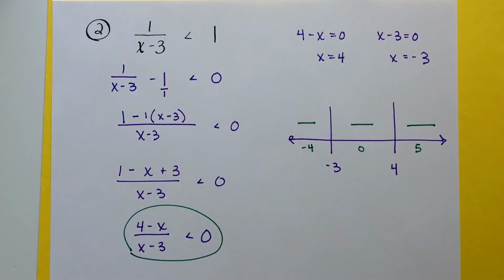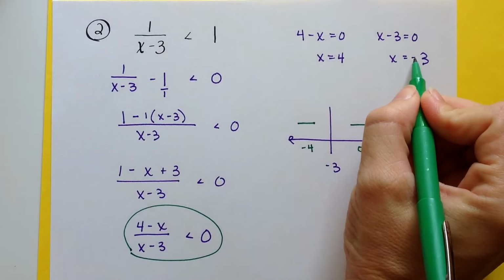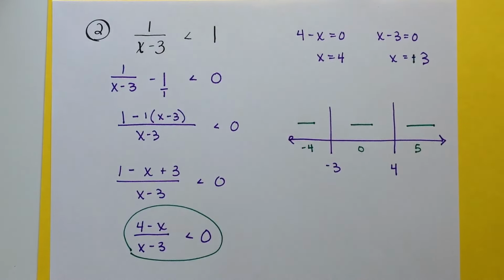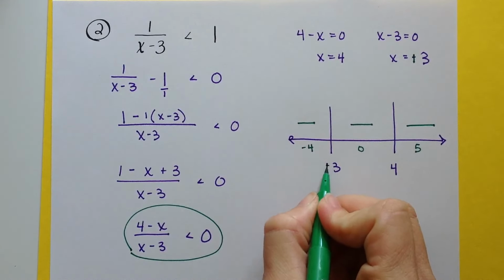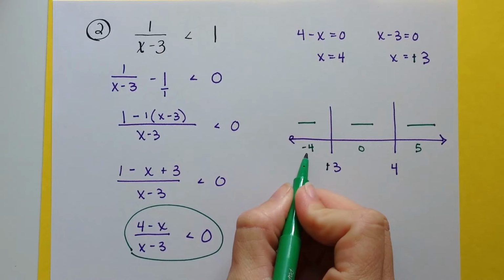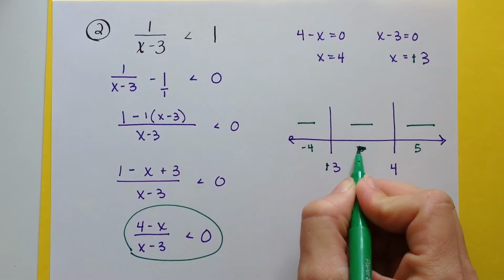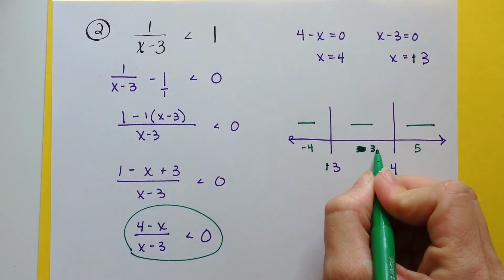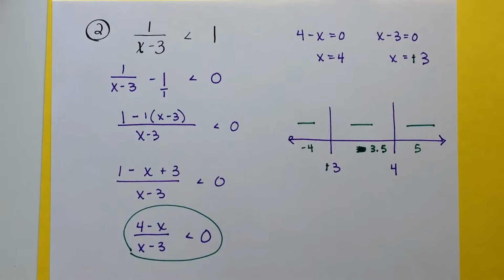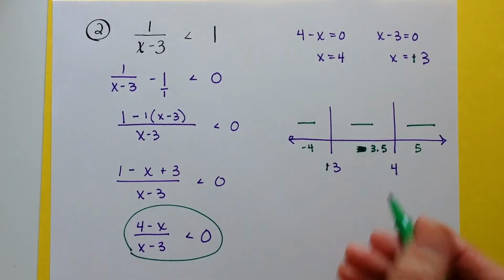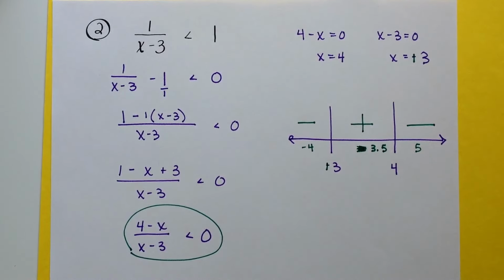I'm sorry, this was supposed to be a positive 3 right here. Okay, so we can fix this. This is positive 3. So actually I could still use my negative 4 right here, because that still is less. I do need to change this though. Let me just make this 3.5. So if I substitute in 3.5, yes, that's going to be positive. I did mess up there, but that was easy to fix.